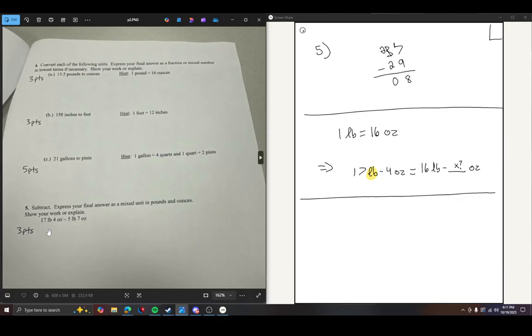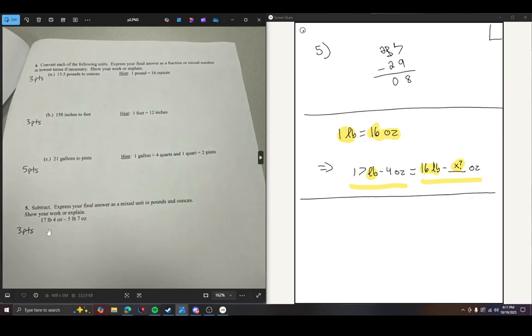So we have 17 pounds and 4 ounces. We know that the unit conversion is 1 pound from above. What was that question? 4a. We know that 1 pound is equal to 16 ounces. So if we had 17 pounds and 4 ounces, we need to first convert that. We need to go to 16 pounds.